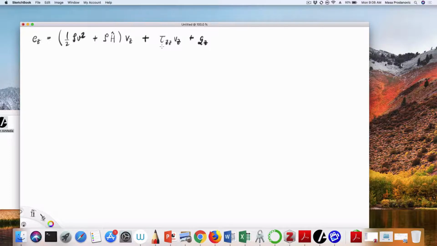Here, this tau ZZ has to have some partial VZ, partial Z derivative in there, and minus 2 mu. Since my VZ is the Darcy velocity that is assumed constant, that is 0, so this is going to disappear.